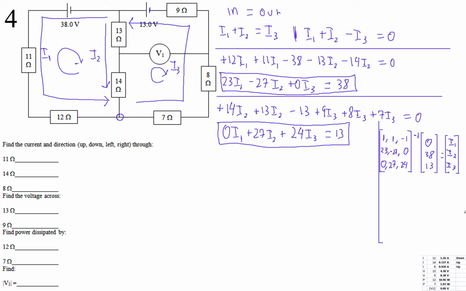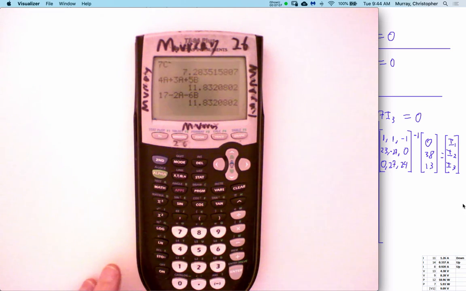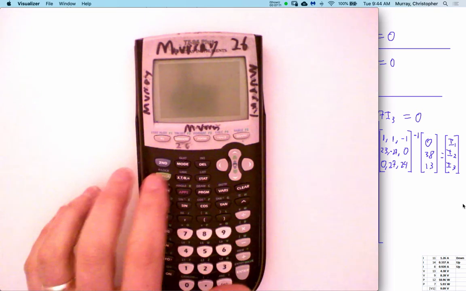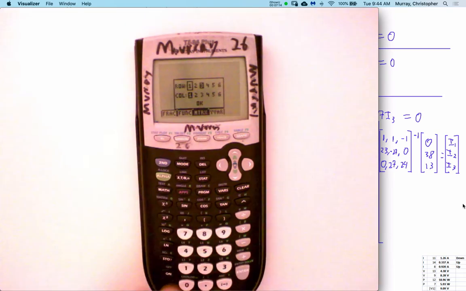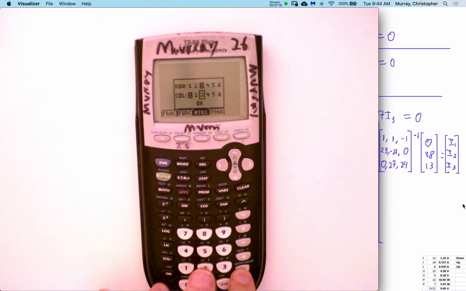All right, are we ready? I think we're ready for this. Let's turn on our calculator and go alpha F3. We want 3 rows, 3 columns.